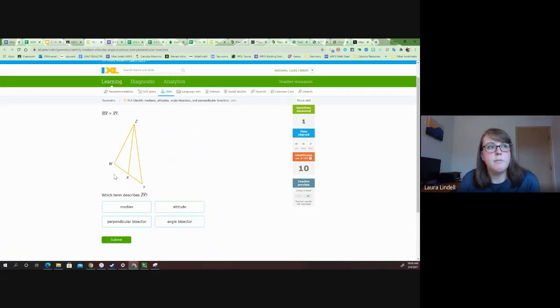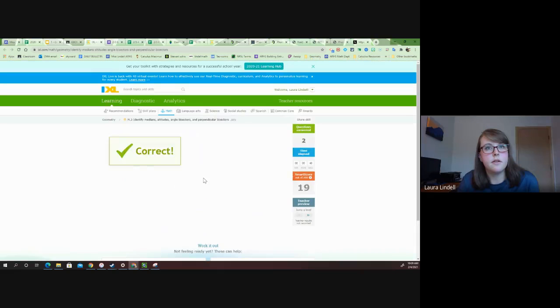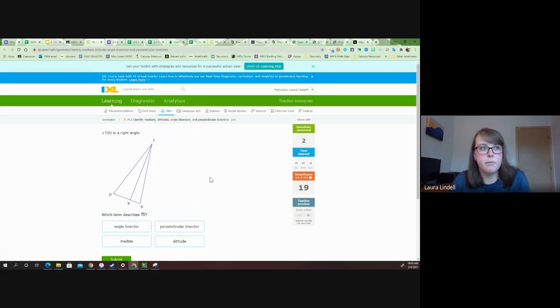Or it'll say WX is congruent to XY. So if these 2 things are congruent, then ZX is a median. Okay, so that's what we're going to be working with. It'll say things like TVU is a right angle. This is a right angle. That makes it an altitude.